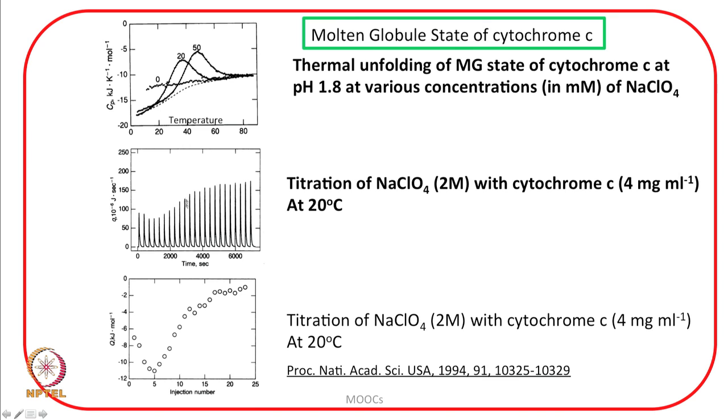And they also performed isothermal titration calorimetry on the interaction of NaClO4 with cytochrome C and gave the information on enthalpies of interaction. As you can see, in a specific manner, NaClO4 is interacting with cytochrome C. And these kind of experiments can give the enthalpies of interaction along with some other thermodynamic parameters. We will discuss these a bit later, but let us for the time being concentrate on differential scanning calorimetry.